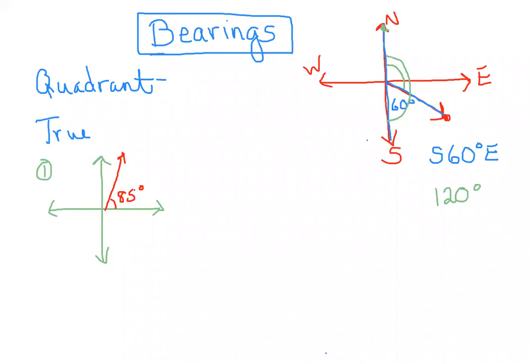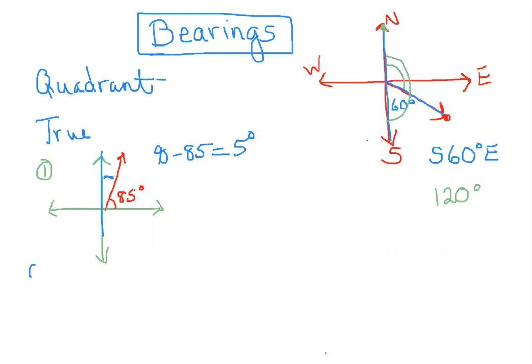Well, remember that the quadrant bearing is the angle between the north-south, which is here, and the vector. So that's going to be this angle right here. What is that angle? That's going to be 90 minus 85. So that's going to be 5. This angle right there is 5 degrees.